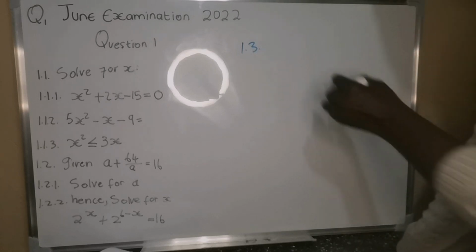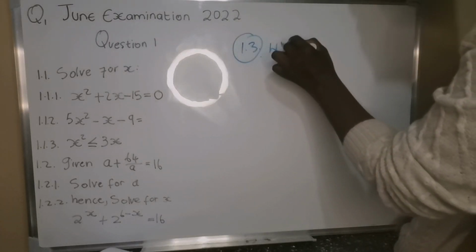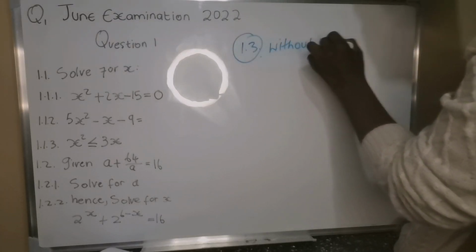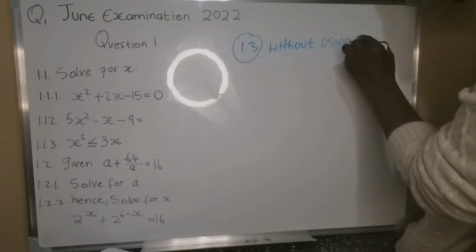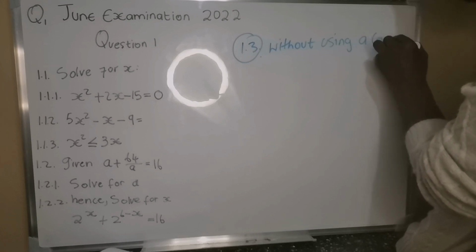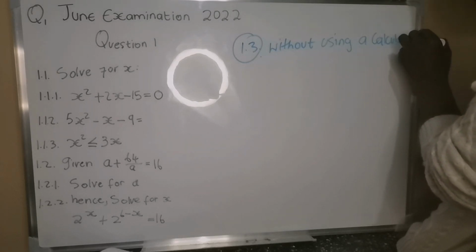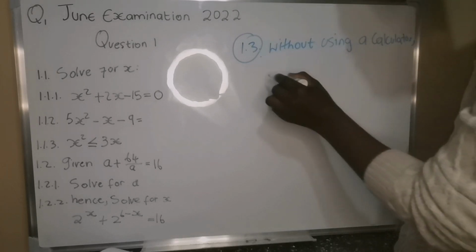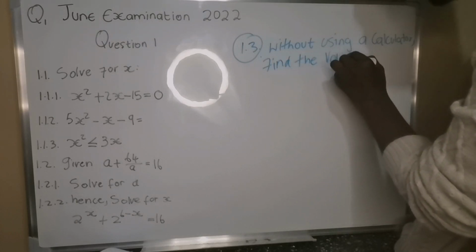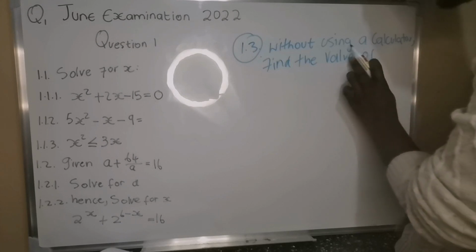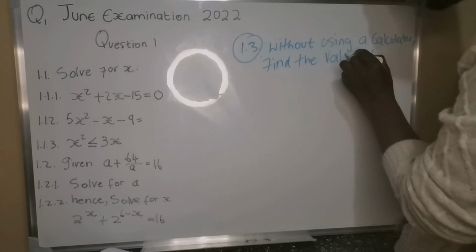1.3 says: without using a calculator, find the value of this. Now this question, they love it.